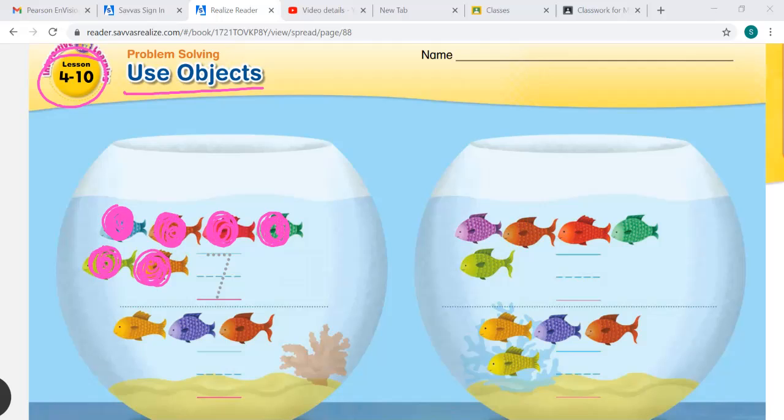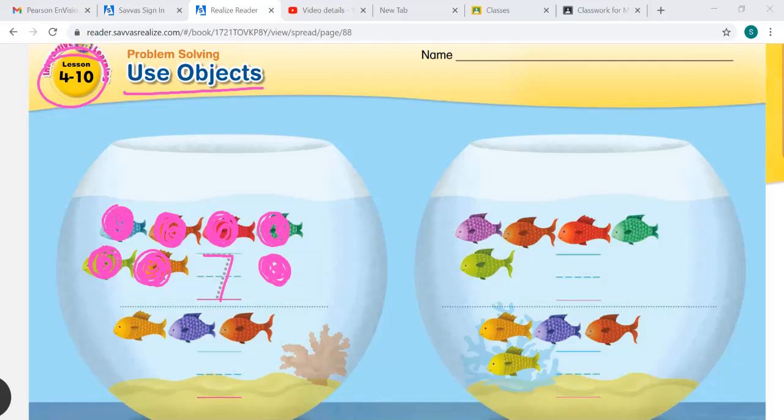So I see 6 fish in a bowl. And then I see 1 more fish. How many fish do I see? I'm going to add 1 more fish. What comes after 6? 7. There are 7 fish.